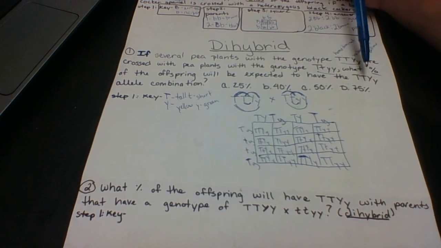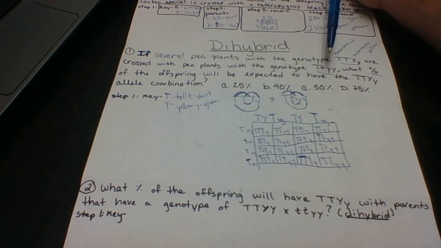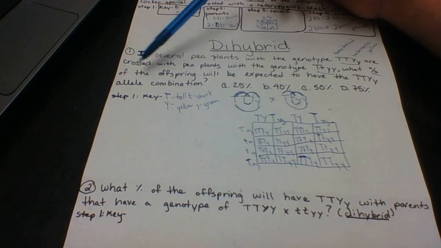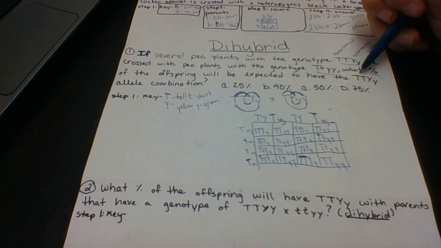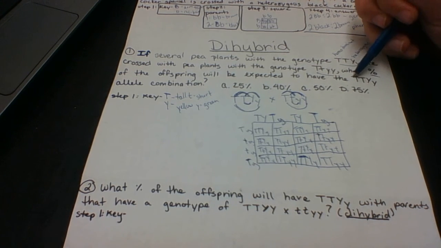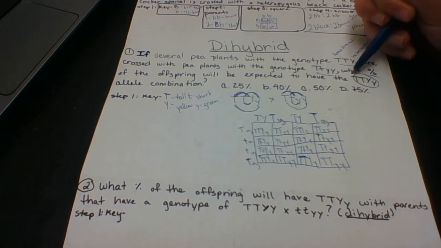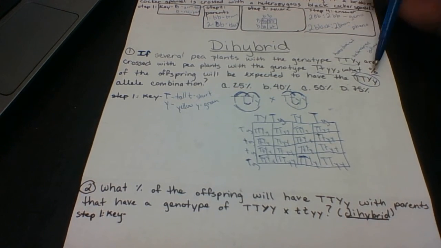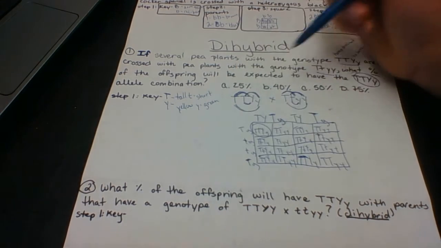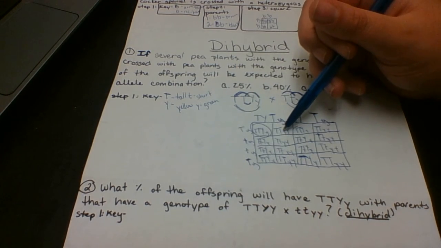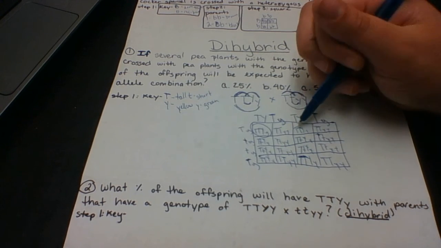Okay, and then the question again. You need to go back. What percentage of the offspring will be expected to have homozygous tall with heterozygous yellow? So this is what they want to know. So we count. How many look like this? 1. Not that one, because it doesn't have a big Y. 2.